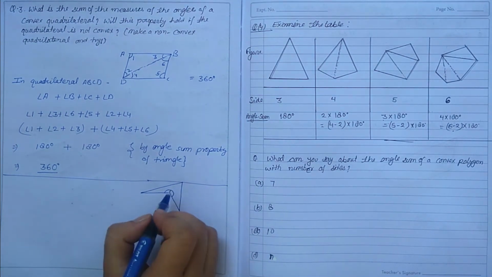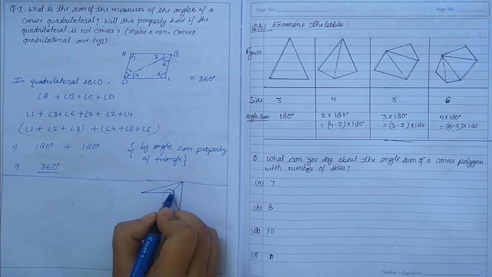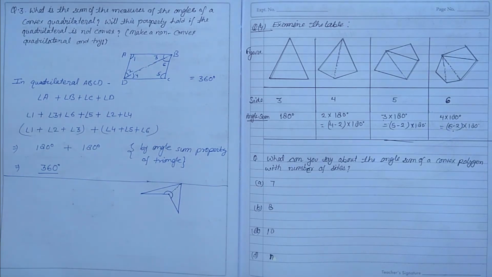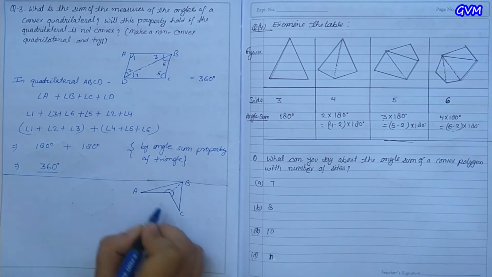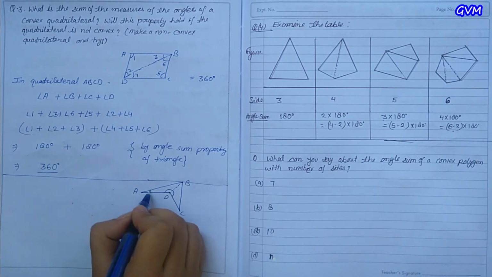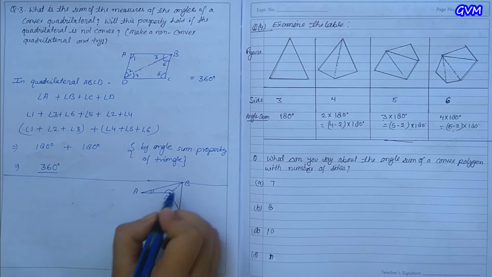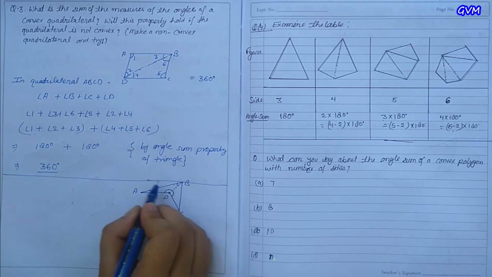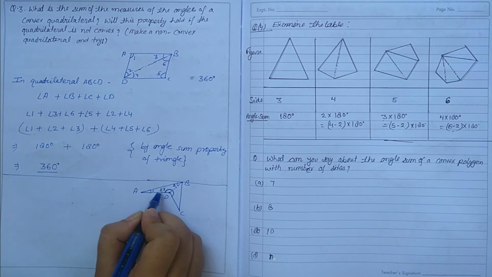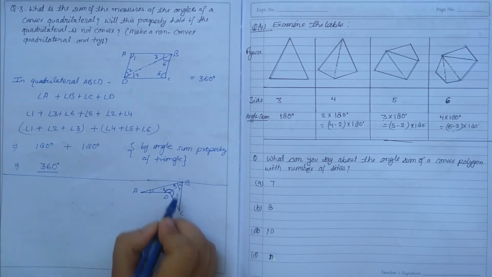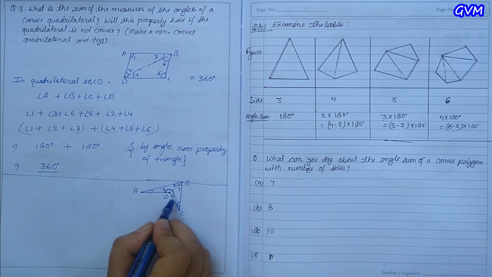Let's say we have divided this into two triangles and named it as A, B, C, and this point is D. Now angle A is 1, angle B, this part, is 2, and let's take this as angle 3. This is 4, this is 5, and this is 6.